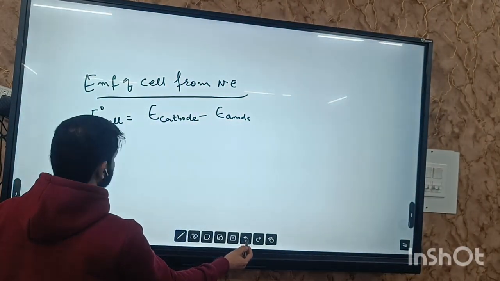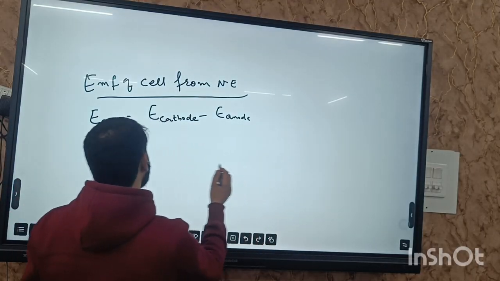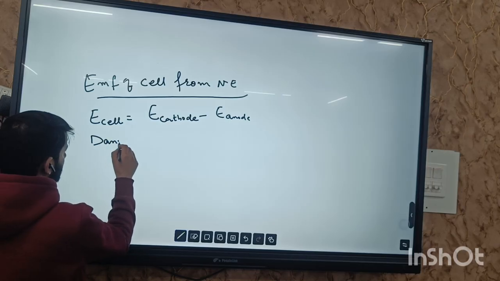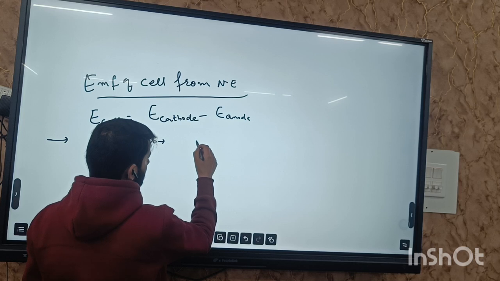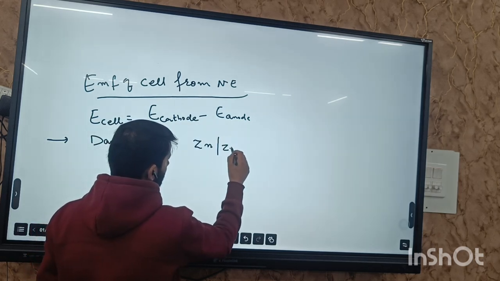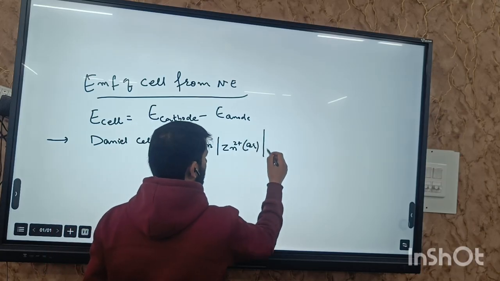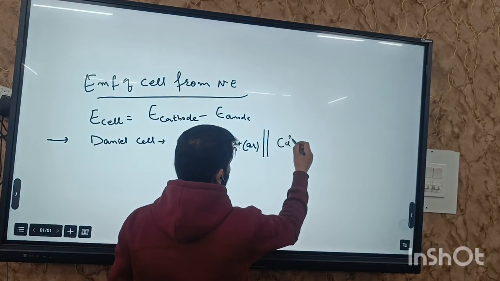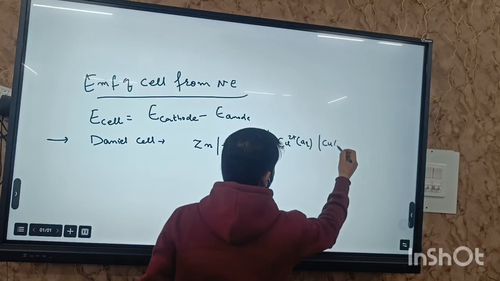For example, I'll take the example of the Daniel cell. What is the Daniel cell? The cell is this, in which zinc is converted to zinc 2 positive in aqueous form. This is the salt bridge that we show, and then copper 2 positive is reduced to copper solid.